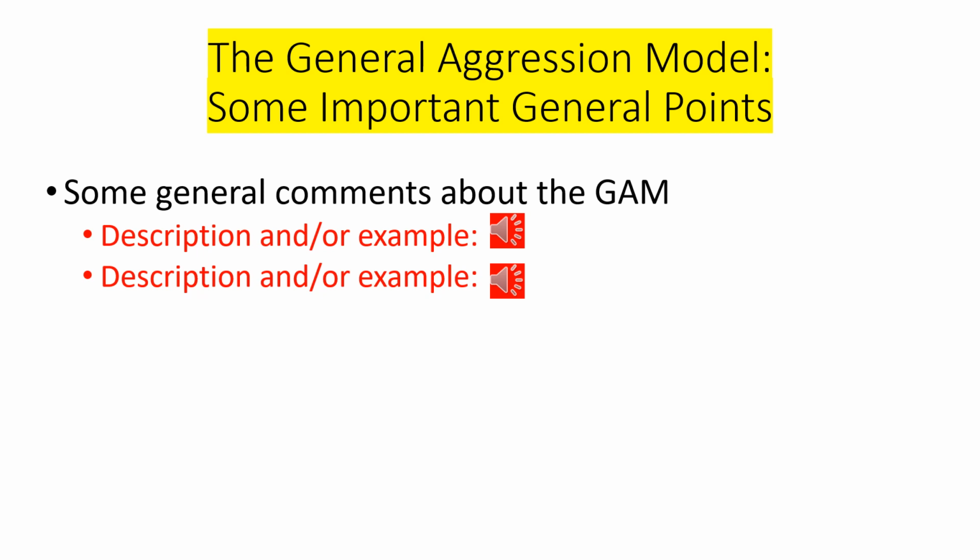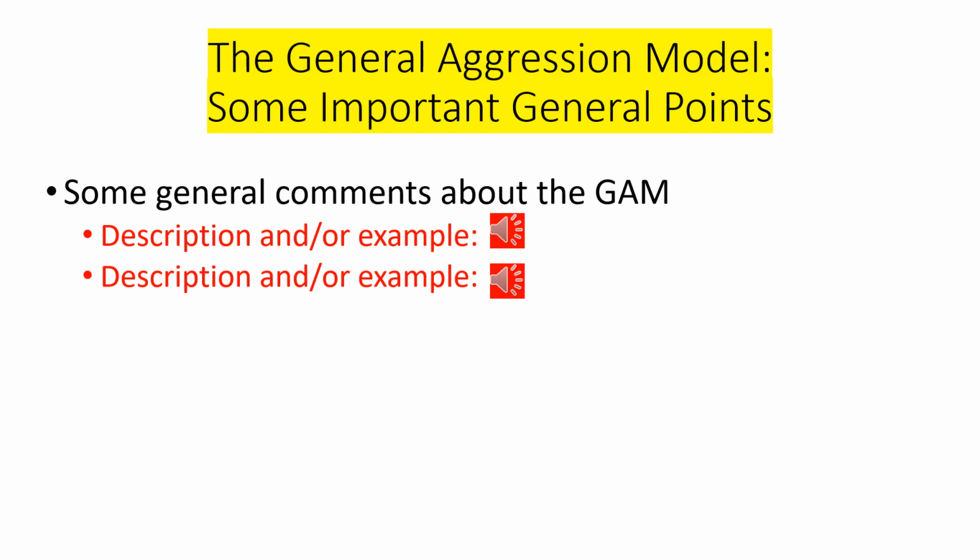Rather, the arrows go through three what are called psychophysiological states and then to aggression. So once again, the general aggression model is not arguing for a direct path between the input variables and aggression. Rather, the belief is the input variables impact something else, these three psychophysiological states, which then in turn impact aggression.